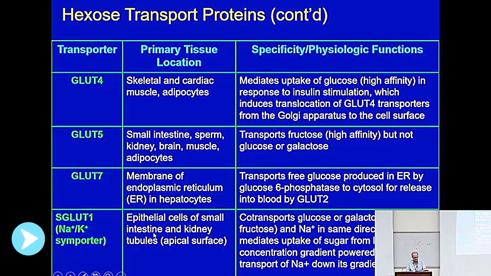So the importance of this, it transports both glucose and sodium in the same direction. So just remember the key features, where they are, especially GLUT7, GLUT4, GLUT2. All of them are important, but really those three are especially important.